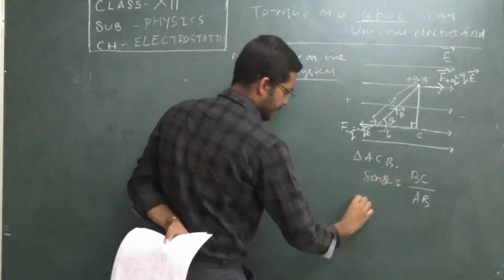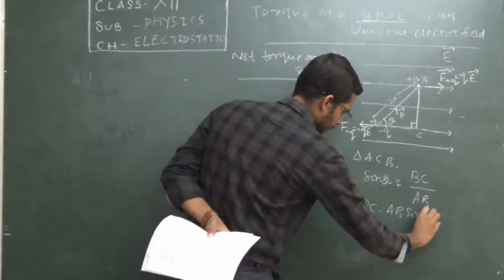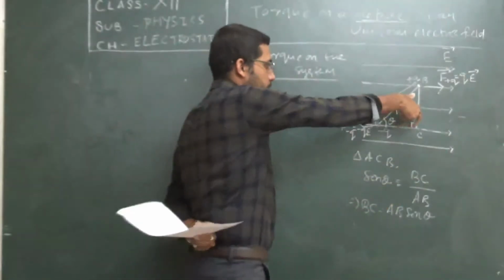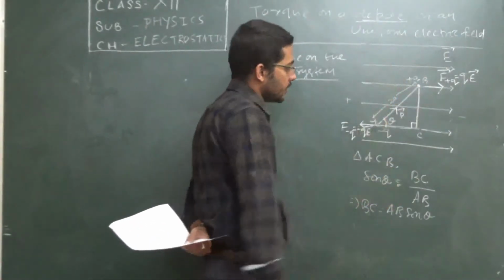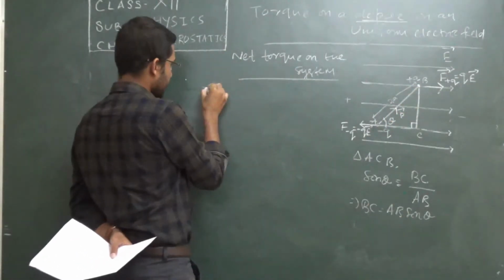What we need to find is BC, so BC equals AB sin theta. Remember this. This is the right angle triangle because we want to calculate the distance between the two parallel forces. Now we are going to write the torque.